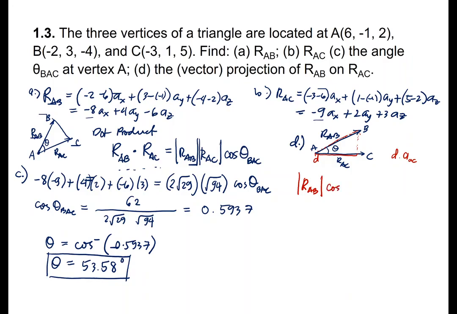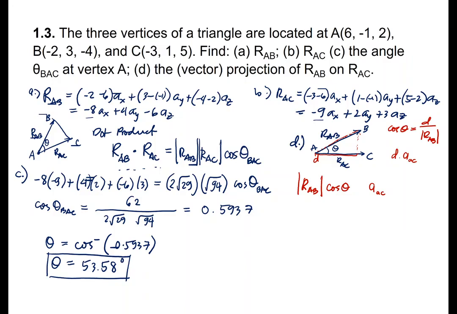We know already cosine theta is equal to adjacent, which is D, over the hypotenuse, which is RAB. Therefore D is equal to RAB times cosine theta. And then we multiply this with the unit vector along AC.